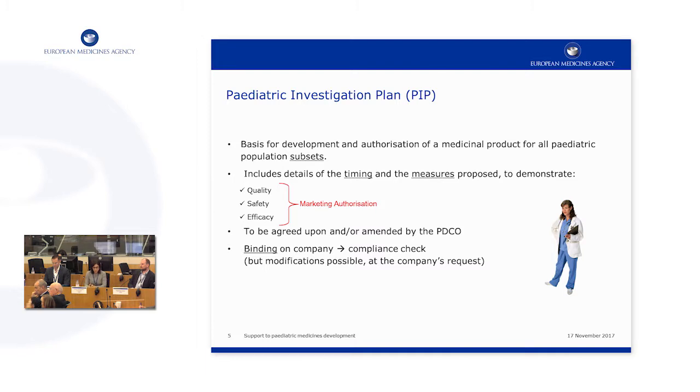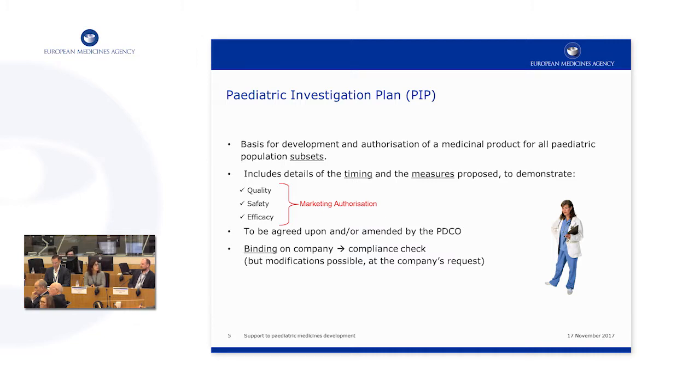As I mentioned before, the Paediatric Regulation establishes the requirement to submit pediatric investigation plans, also known as PIPs. A PIP is basically the basis for development and authorization of a medicinal product for all pediatric population subsets.